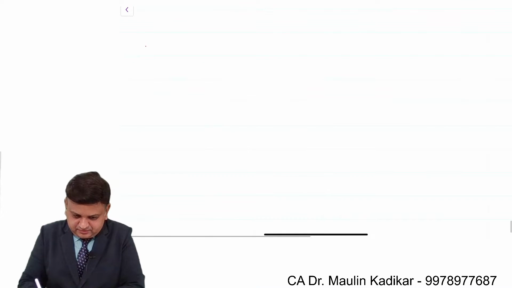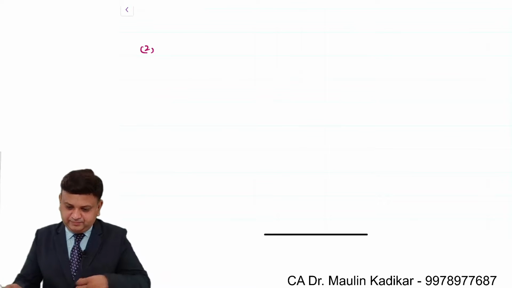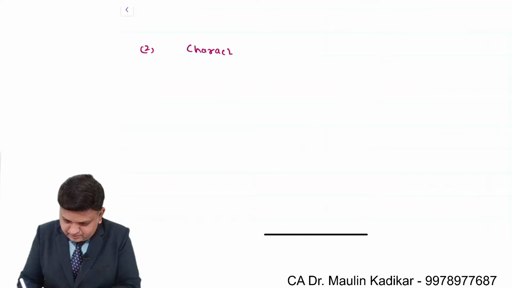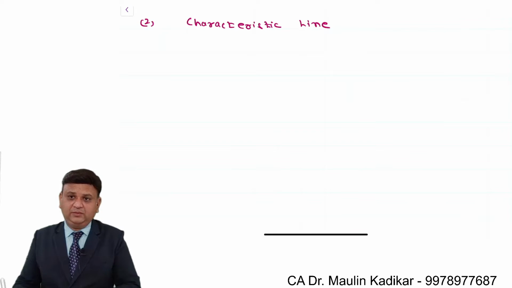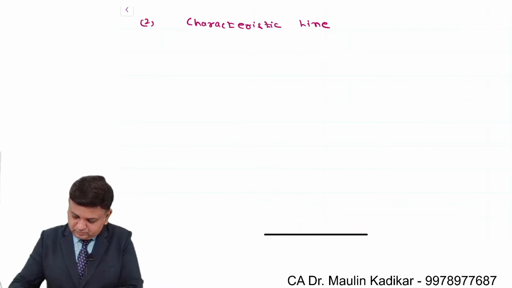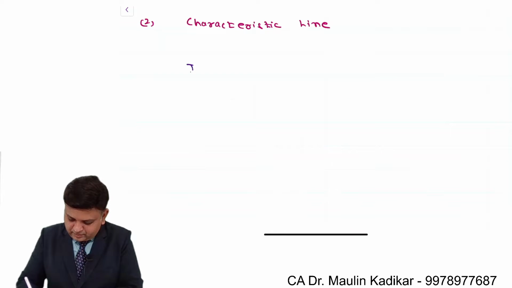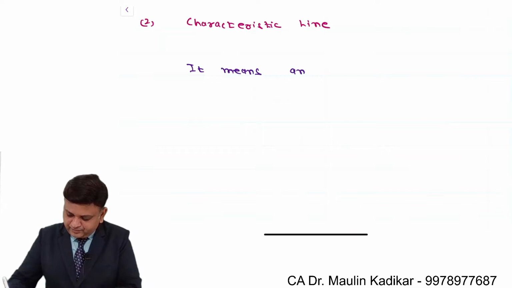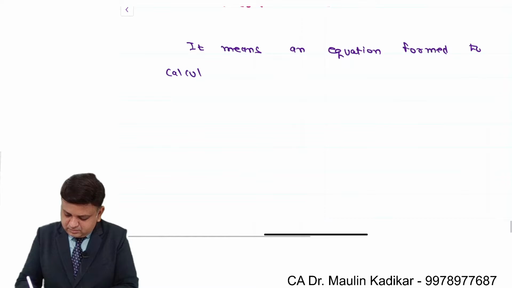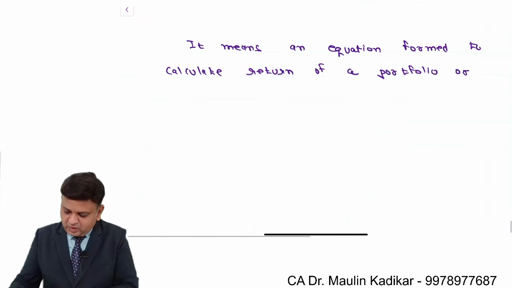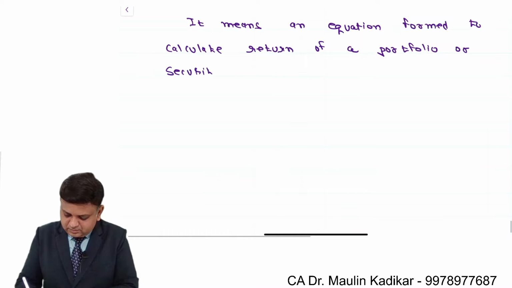Write down answer for the second part of the question. In that write down, characteristic line means an equation formed to calculate return of a portfolio or security.